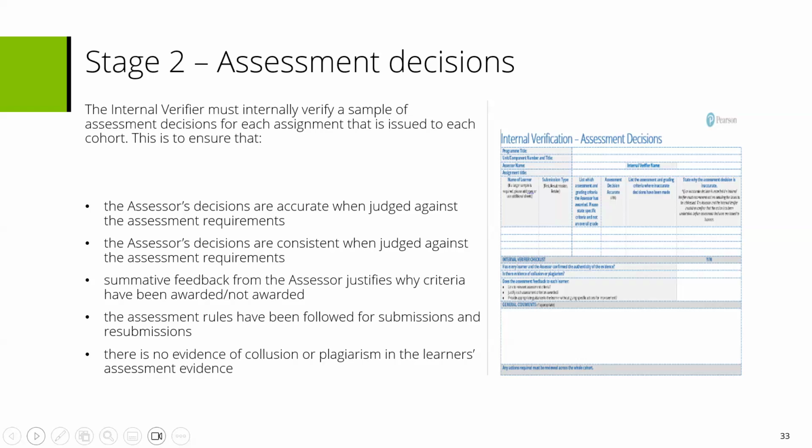Are the assessor's decisions consistent when judged against the assessment requirements? Has summative feedback been provided from the assessor that justifies why criteria has or has not been awarded? Have the assessment rules been followed for submissions and resubmissions? And is there no evidence of collusion or plagiarism in the learner's assessment evidence?